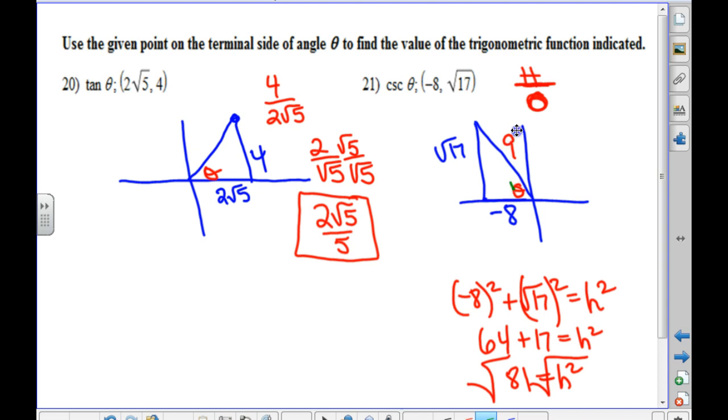So hypotenuse over opposite is 9 over the square root of 17. 9 square roots of 17 over 17. Is everybody okay? Did I do that one right? Is that the last one? Yeah. Okay. We still have about 10 minutes.